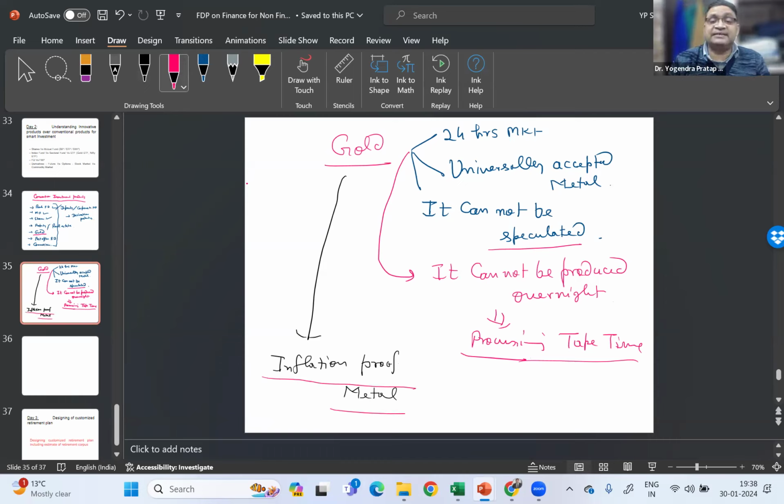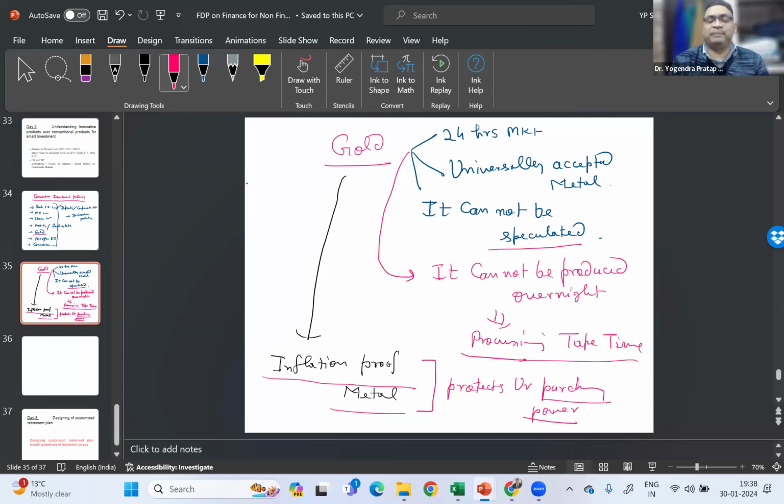Means this gold protects your purchasing power. This is the only thing in the world which protects your purchasing power. Your purchasing power will never get diluted. It is the inflation proof metal.